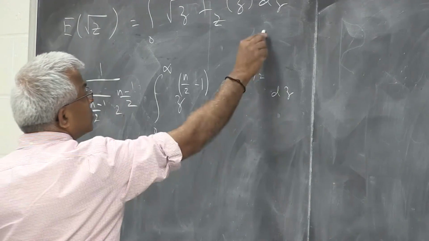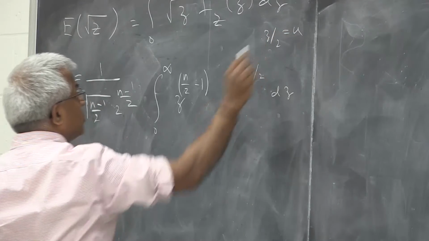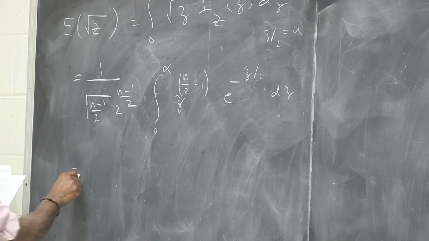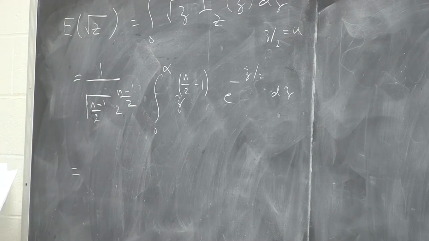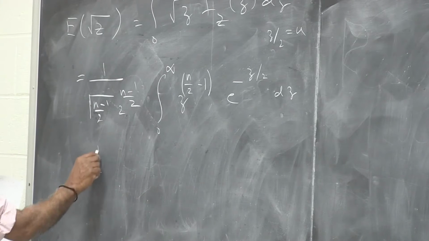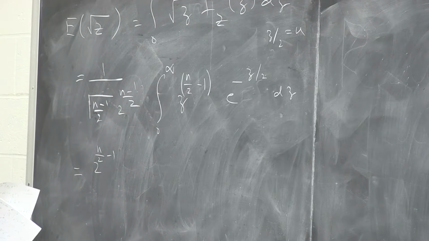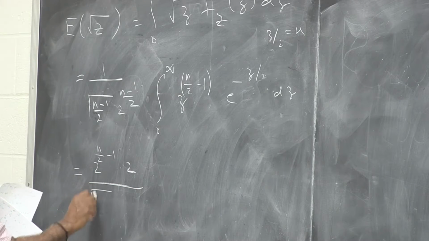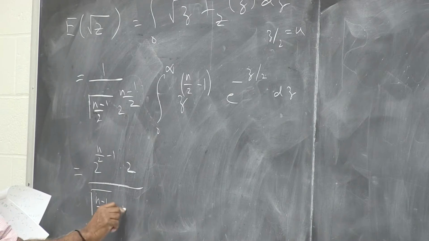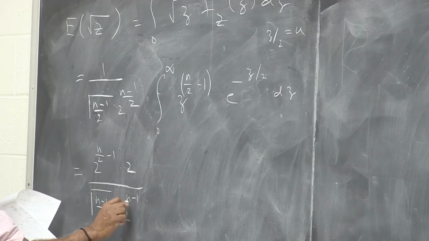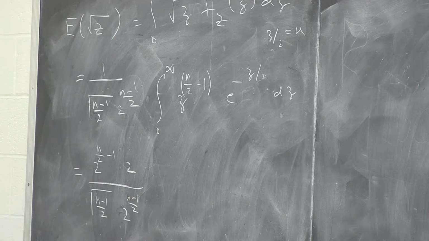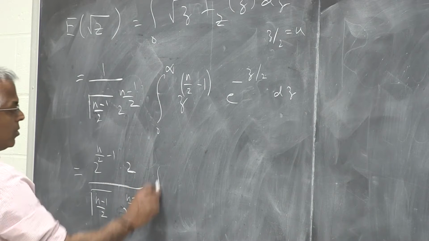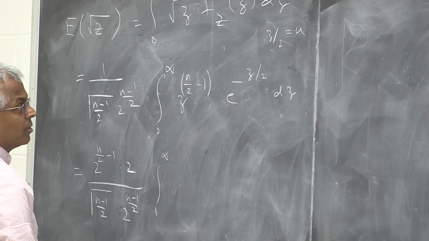So I'm going to call z by 2 to be u, so that this becomes 2 to the power n by 2 minus 1, there is another 2 from dz, over gamma of n minus 1 by 2 times 2 to the power n minus 1 by 2, integral 0 to infinity.